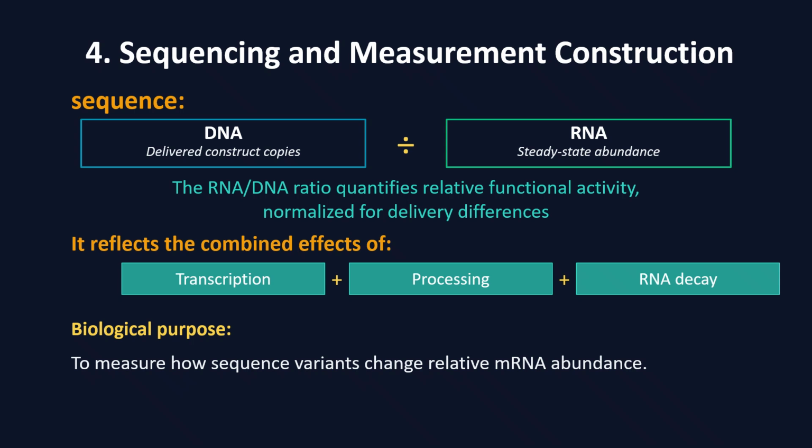And again, this transcript represents steady state abundance, like we discussed. So anyway, we then compute the RNA to DNA ratio for each variant. This normalizes RNA output by how many copies of the construct were present, allowing us to compare functional activity across sequences.